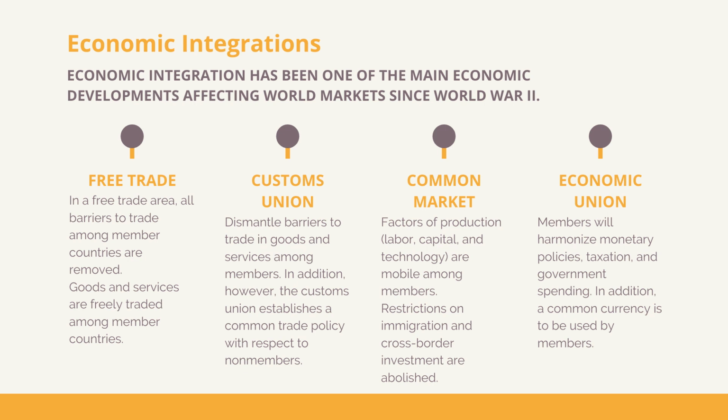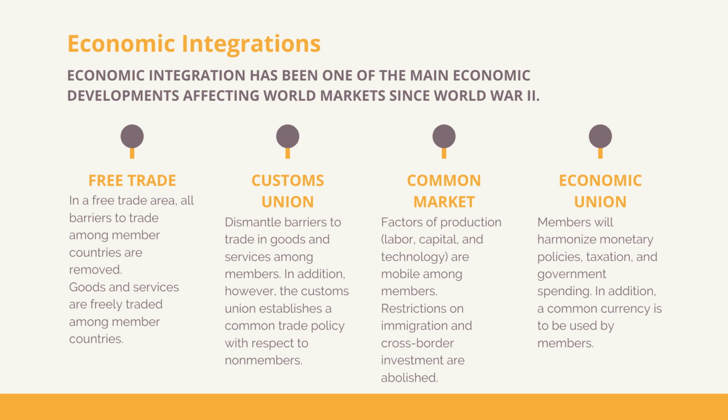We have different levels of economic integration, and the first one is the free trade area. The free trade area is the least restrictive and loosest form of economic integration among nations. In a free trade area, all barriers to trade among member countries are removed. Goods and services are freely traded among member countries. No discriminatory taxes, quotas, tariffs, or other barriers are allowed. Sometimes, a free trade area is formed only by certain classes of goods and services.